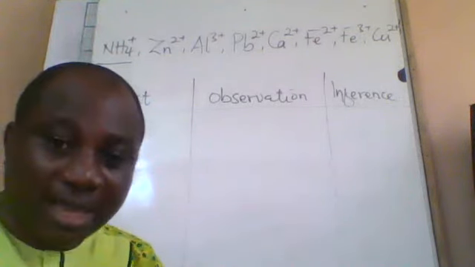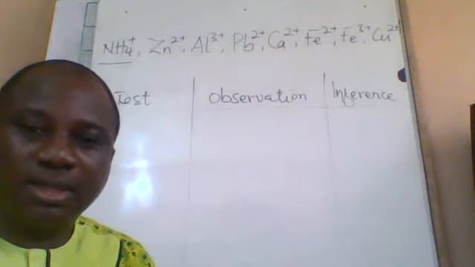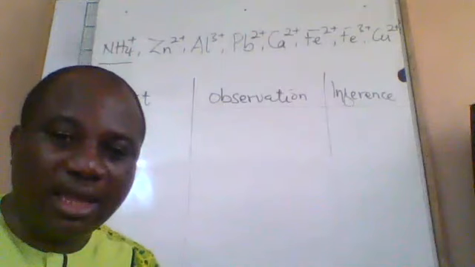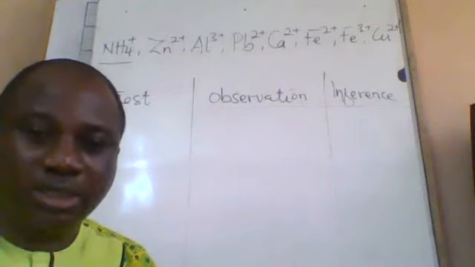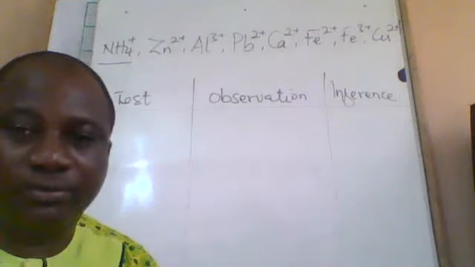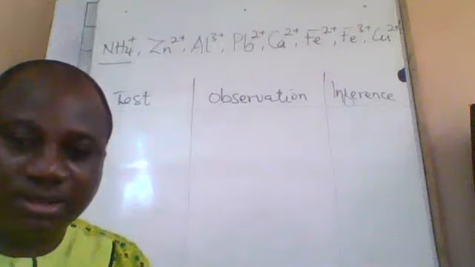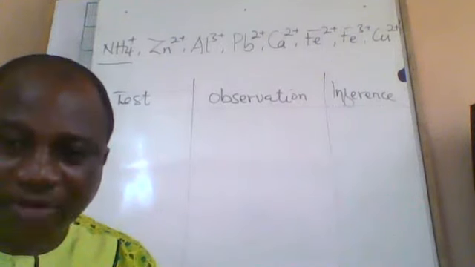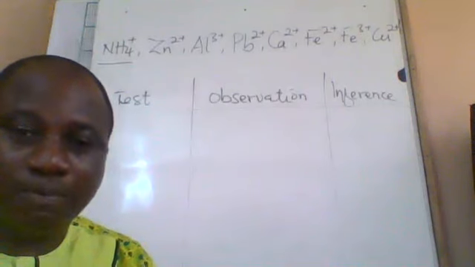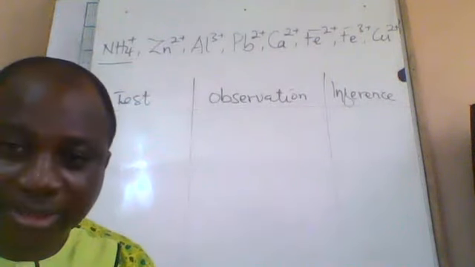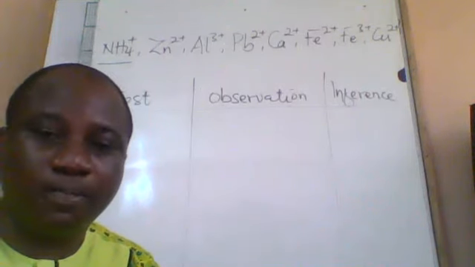You have to smell the gas to know the odor. Then you have to observe the color of the gas, whether it is colorless, whether it is blue, whether it is yellow. And then the third thing is to test for the acidity of the gas, whether it is an acidic gas, basic gas, or neutral gas, using wet litmus paper.